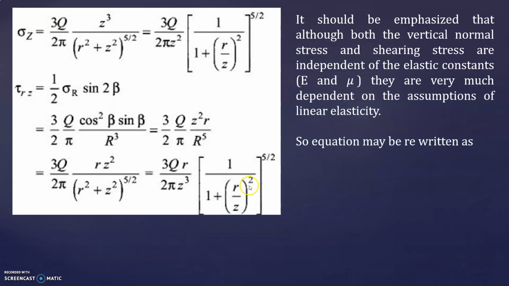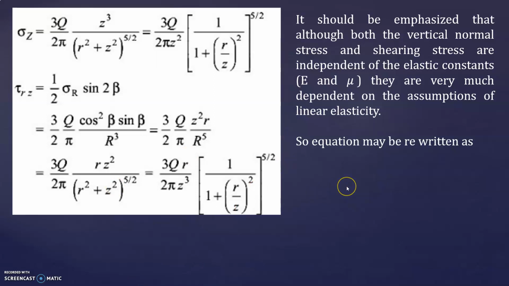Okay, it should be emphasized that although both the vertical normal stress and shearing stresses are independent of the elastic constants, that is E and mu, Young's modulus and Poisson's ratio, they are very much dependent on the assumptions of linear elasticity.